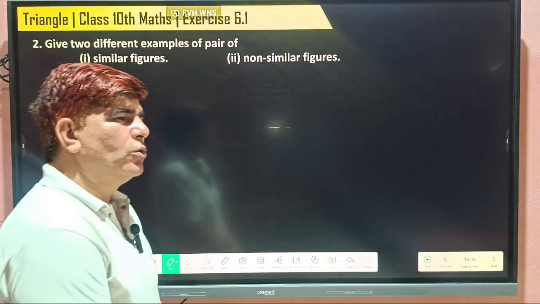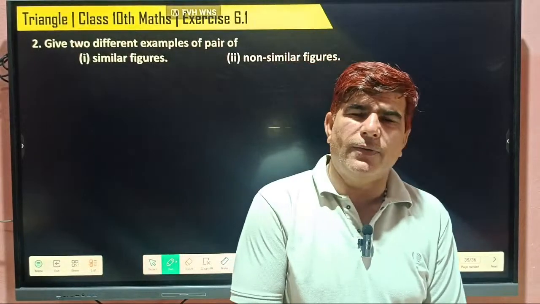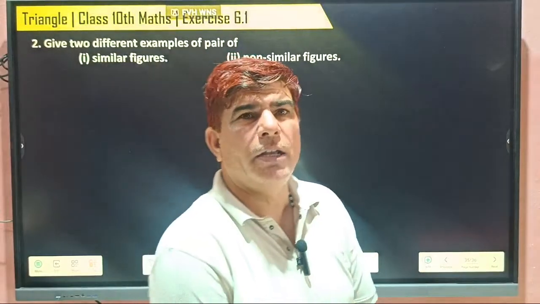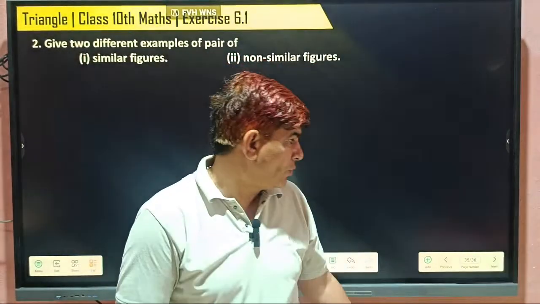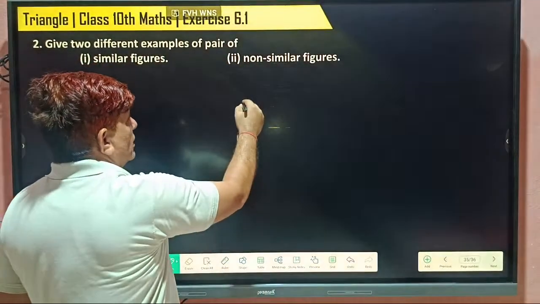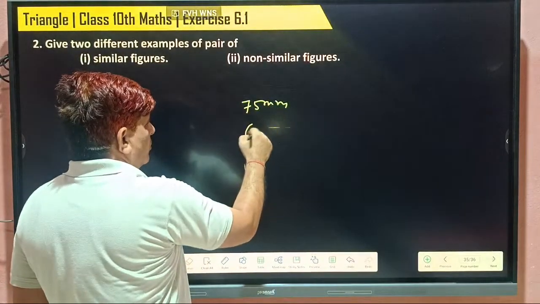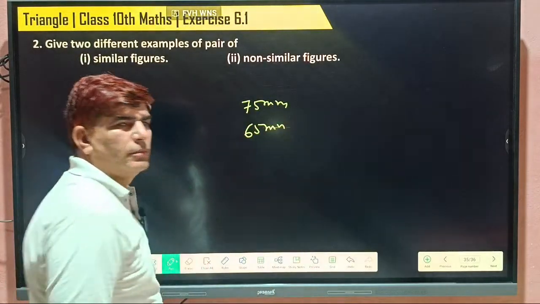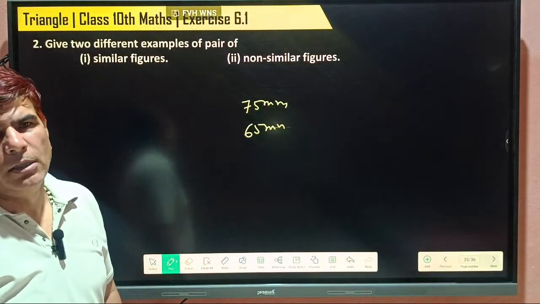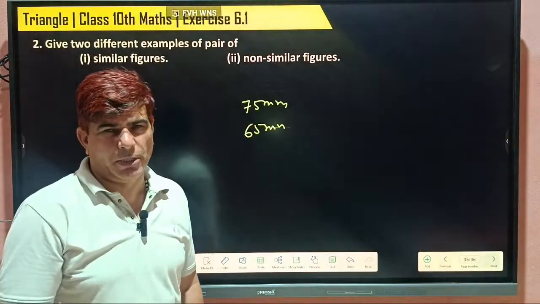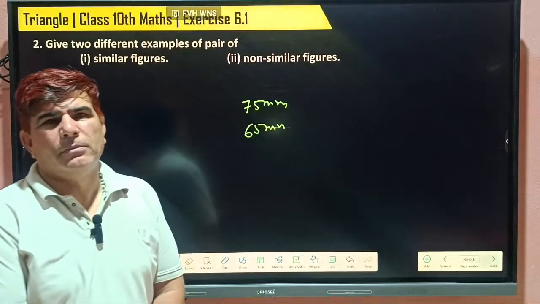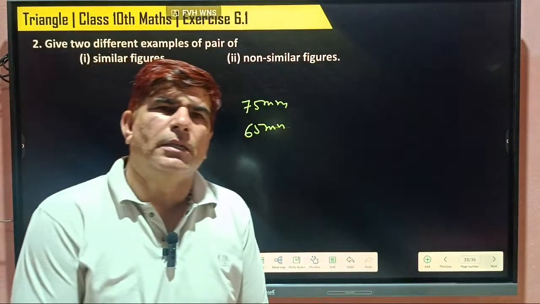I already told you all figures which are congruent are definitely similar, but similar figures need not be congruent. For example, take this digital board, whose size is 75 mm, and another digital board of 65 mm. Both are similar, but not congruent. Congruent means same in all respects, and similarity means shape same, size may be different.